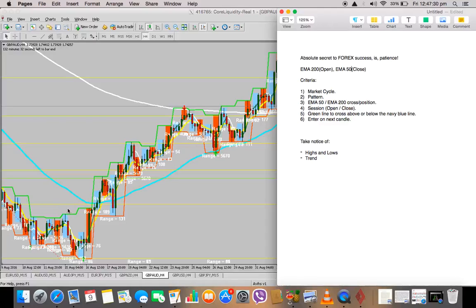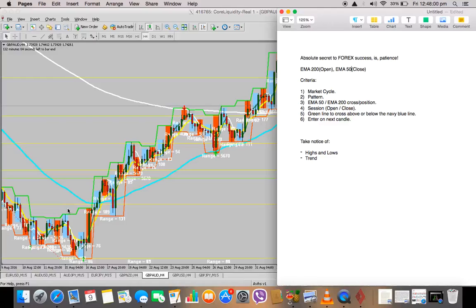Go onto your charts, jump onto a 4-hour chart, and look at every time the two have crossed. It's not going to happen all the time, and like I said earlier, you probably won't have to wait too much anyway, because you'd be trading a whole heap of currency pairs. But at the same time, keep in mind that when you find those setups and you trade them, you might be trading them for 4 or 5 days, and in those 4 or 5 days, the potential of making 400 or 500 pips is there.